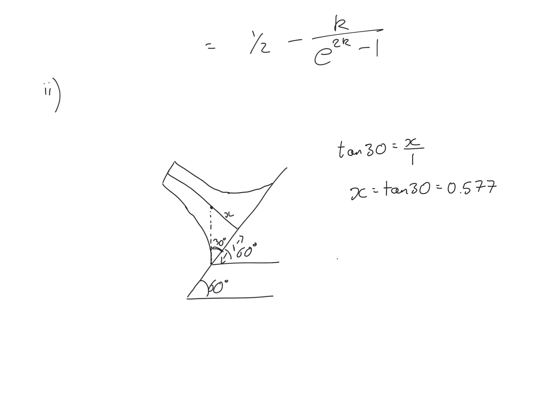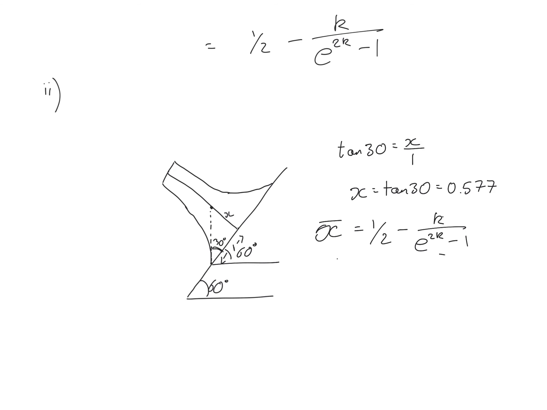But we know the centre of mass, x bar, equals a half minus k over e to the 2k minus 1. So if k is positive, then e to the 2k is always bigger than 1, so this is positive and this is positive.